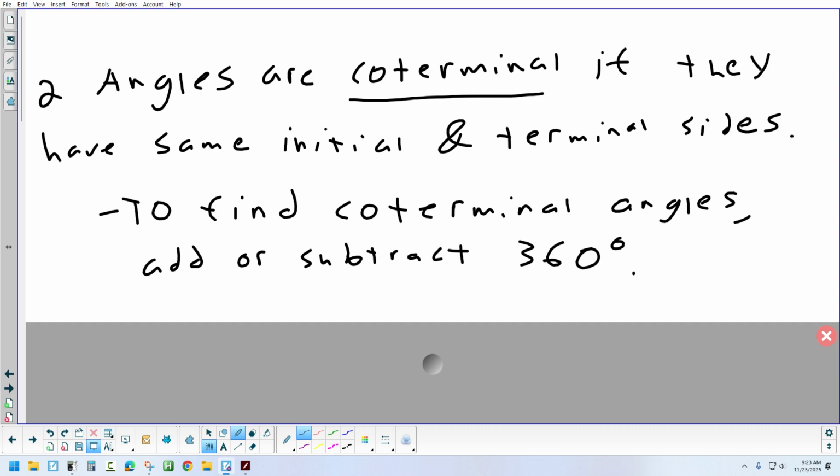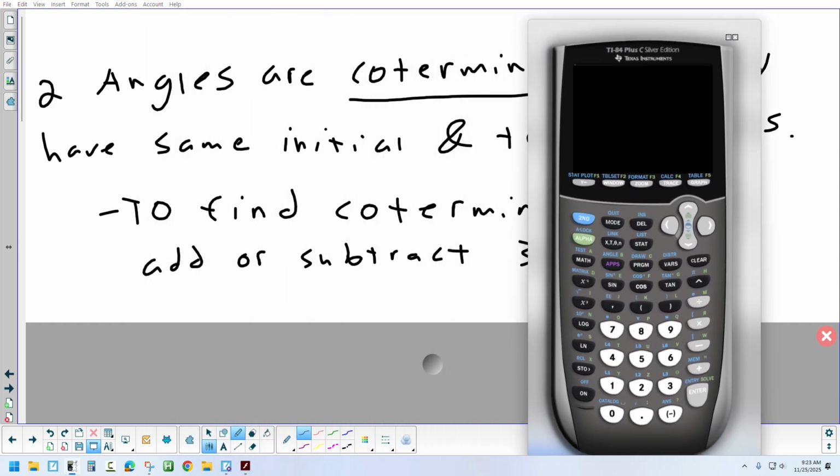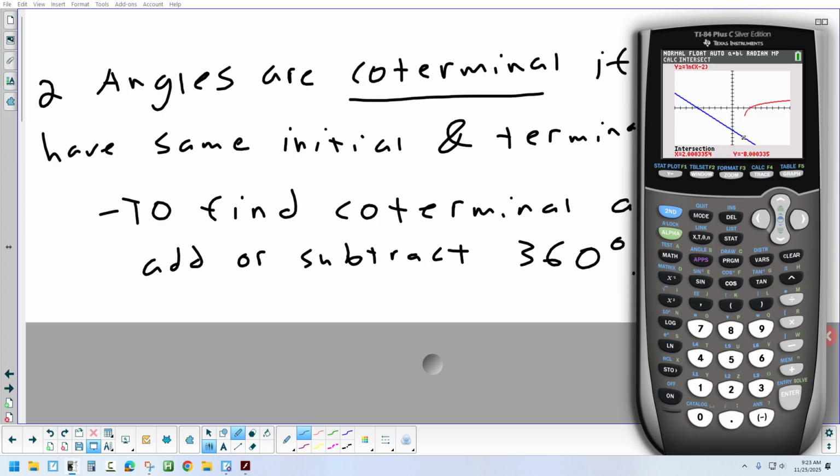And the reason that sometimes we work with coterminal angles is that when we get into using trig functions, coterminal angles make things easier to figure out. Right? So if I had to take what's called the tangent of 450, let me do this in degrees.